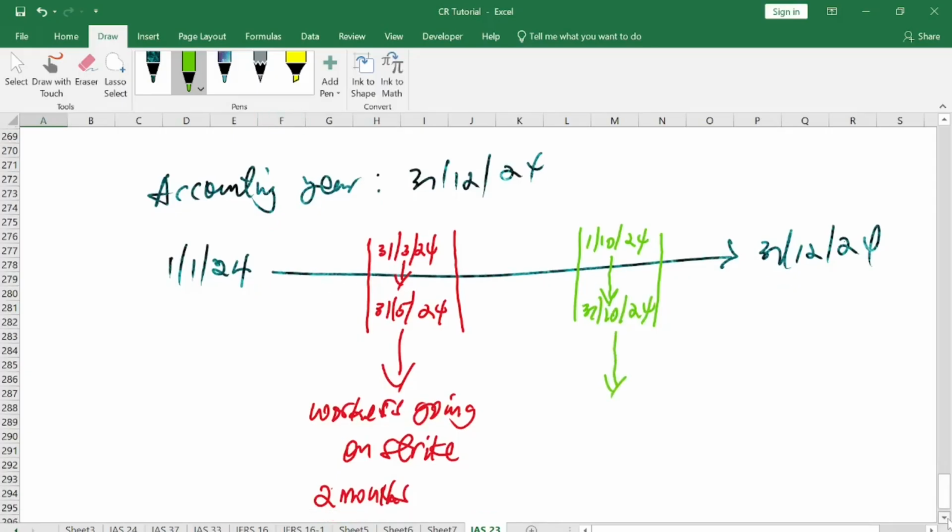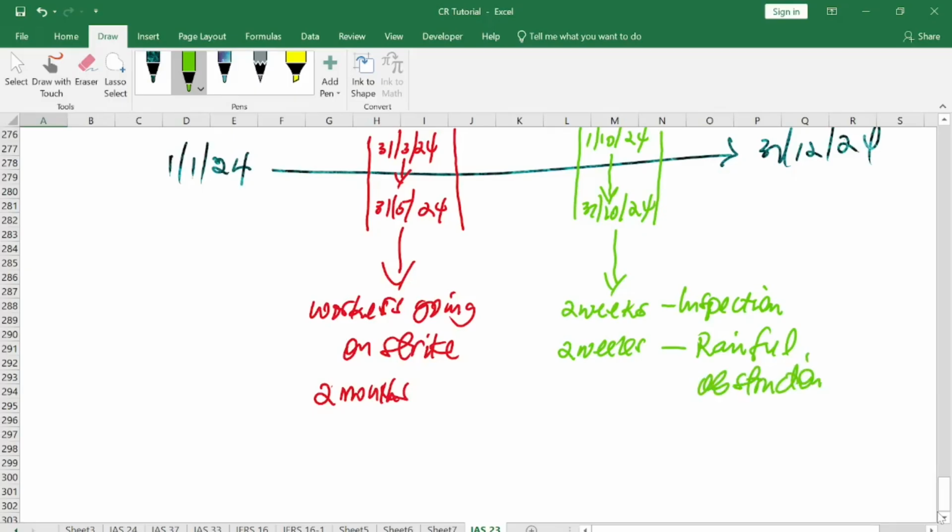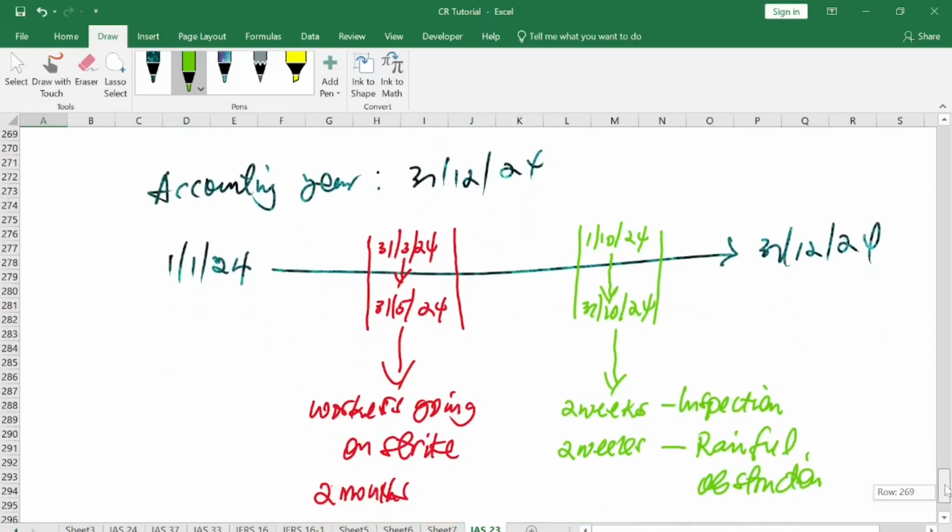This period is for 2 weeks for inspection of the project, and then 2 weeks for rainfall obstruction. So these two events also happen between this period.